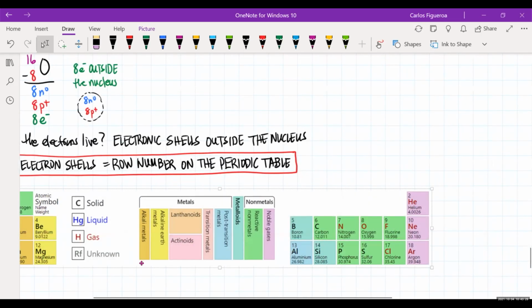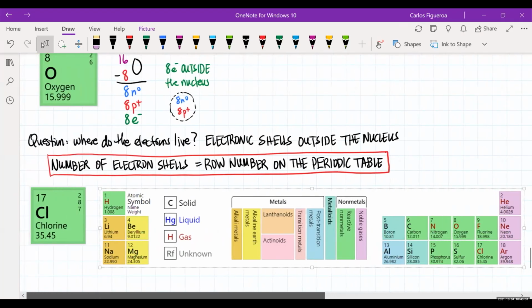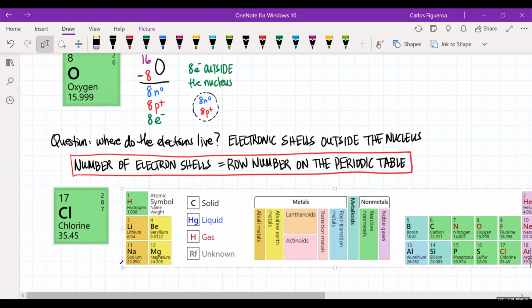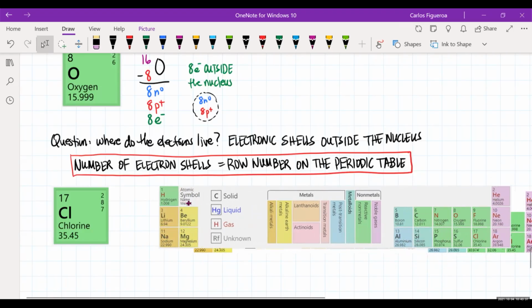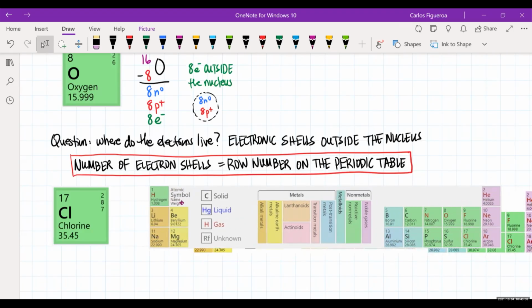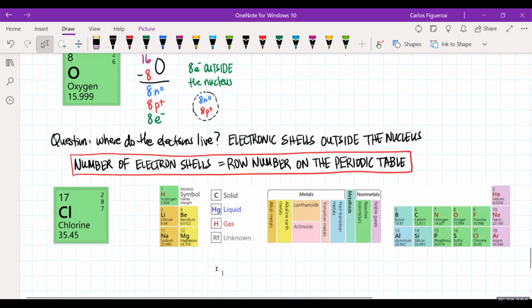It might be too big. Let's see. Yep, it's too big. So if you look at this, the first thing that I want to do is immediately look for the element number 17. So when I go to the periodic table, look at this, this is element 17.